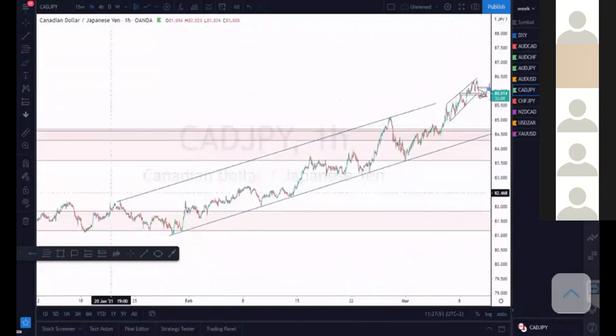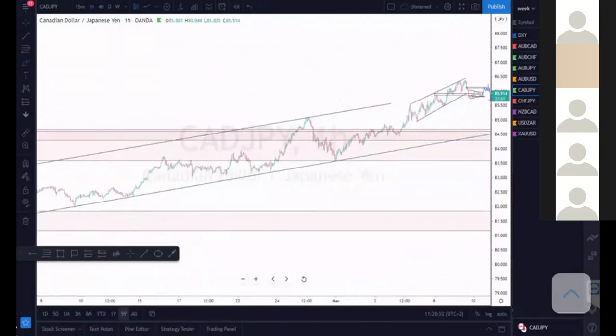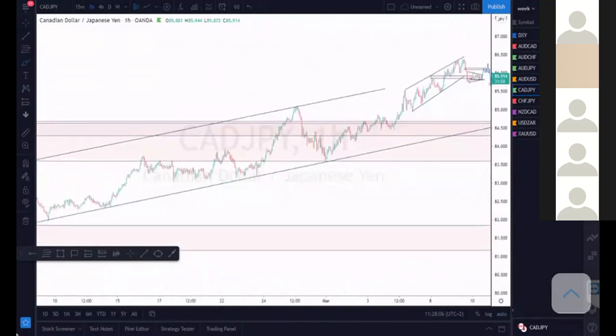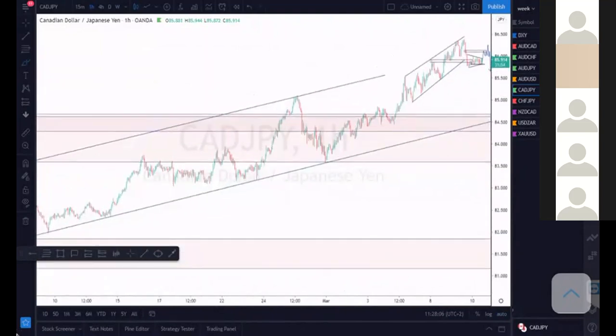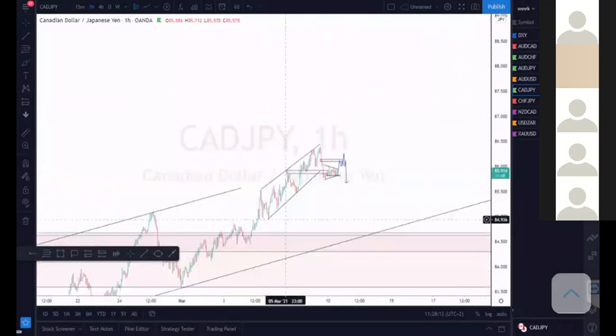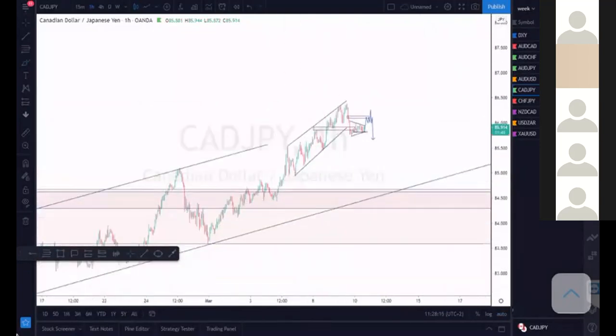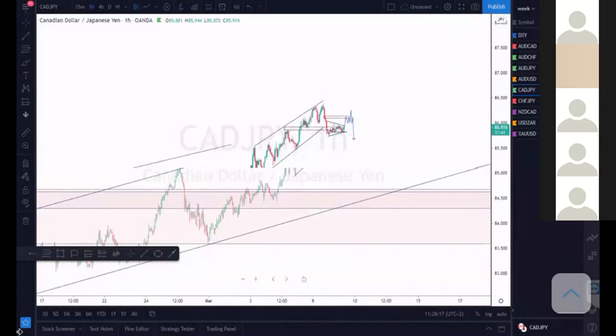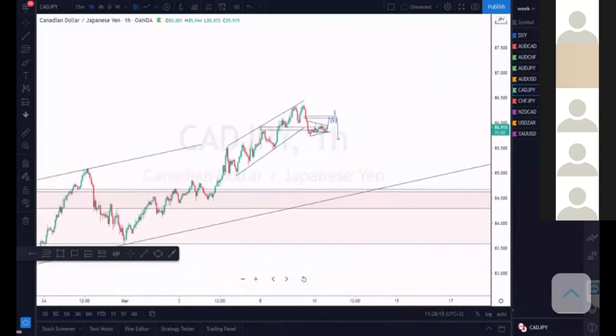We're not pushing and violating structure impulsively. So for some reason, buyers are there. Buyers are still in this market, but buyers are not able to push price and keep price above structural levels, because we are correcting to the upside. So the sell structure is needed to actually confirm something to me.